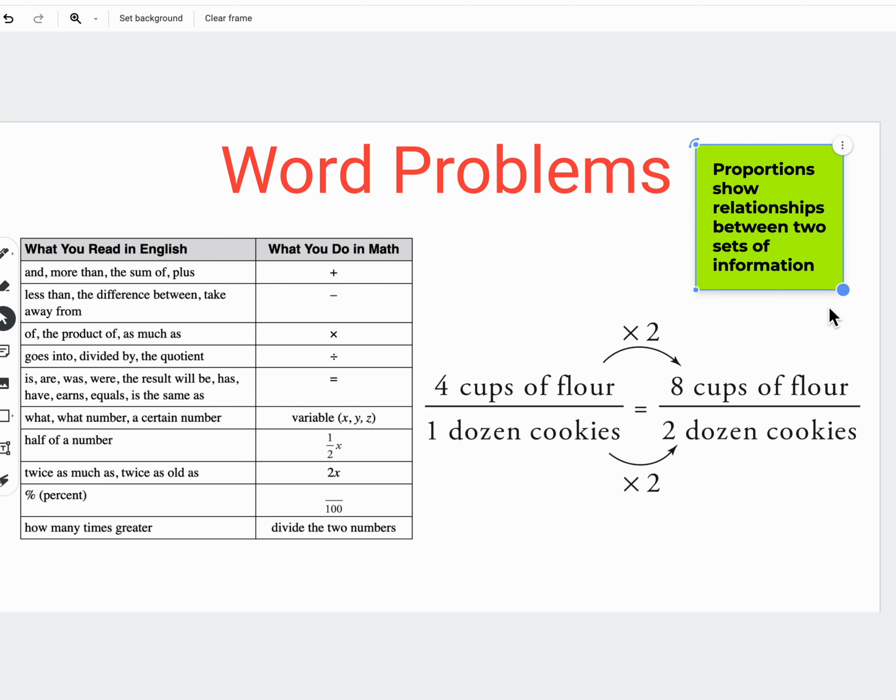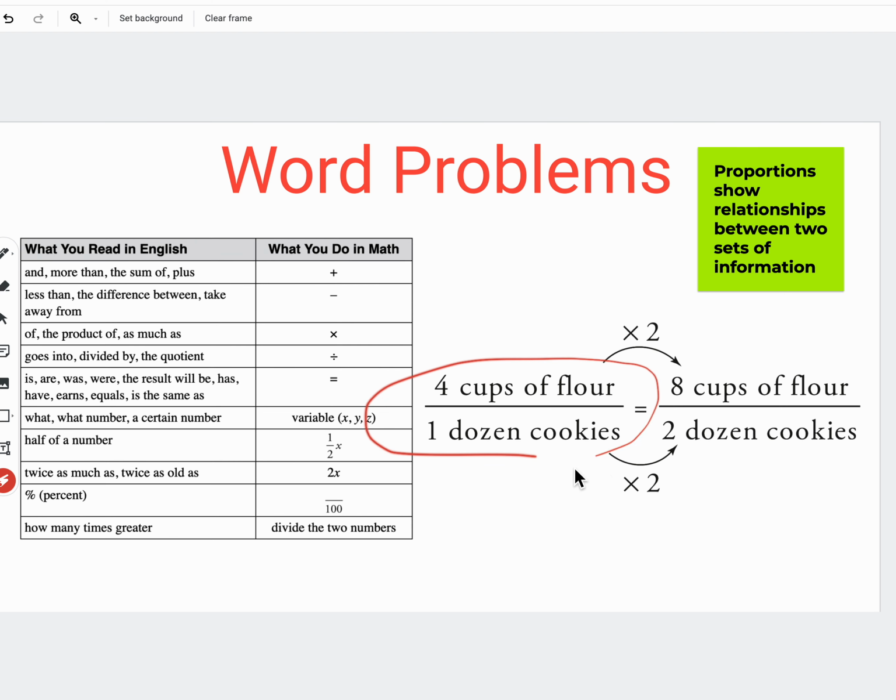Let's say, for example, you wanted to make cookies. Our recipe for a dozen cookies calls for 4 cups of flour. Here we are going to double the recipe. If 1 dozen cookies can be made from 4 cups of flour, how many cups of flour does it take to make 2 dozen cookies?